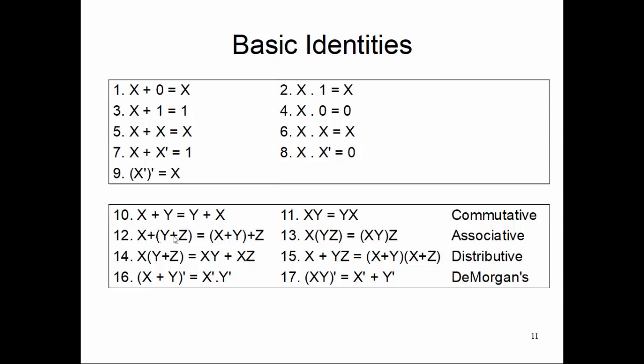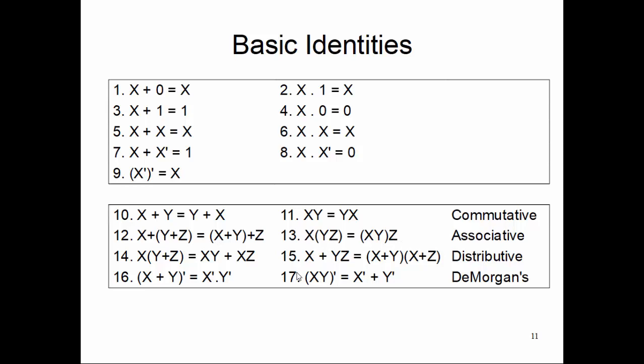So x or (y or z) is the same as (x or y) or z. So you can group them and operate on them as you see fit to reduce. So that is your associative property. And similarly its dual becomes x and (y and z) is the same as (x and y) and z, right? So this holds.